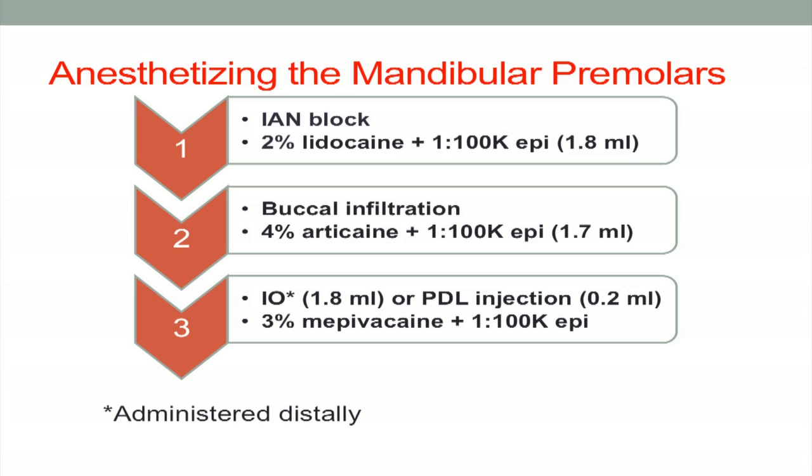And finally, if that fails, an intraosseous injection with either 2% lidocaine or 3% bupivacaine is administered. Achieving successful local anesthesia of the mandibular premolars requires an approach similar to that used for the mandibular first molar, but without the long buccal block.